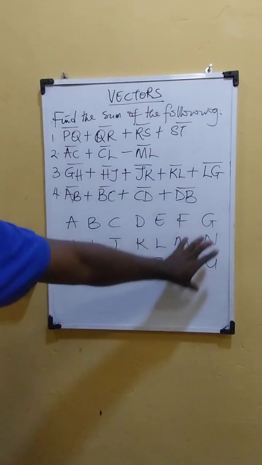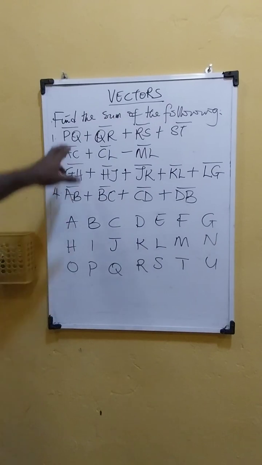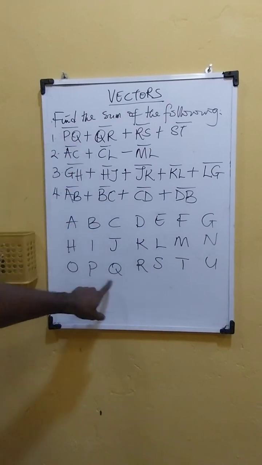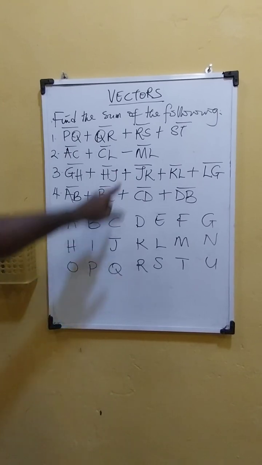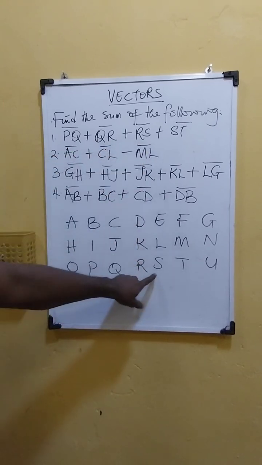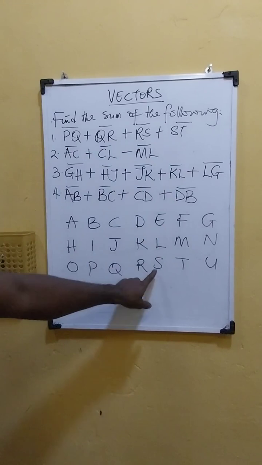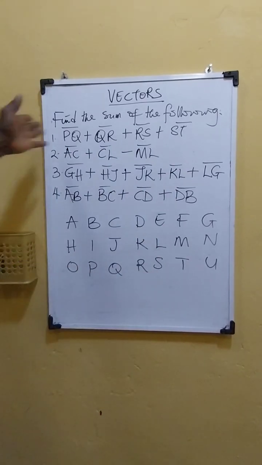So that's the essence of putting this. So we take it again: PQ, QR, so it's going in order, RS, then ST. This one is very simple.